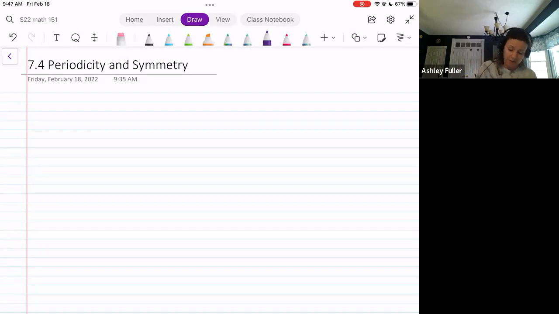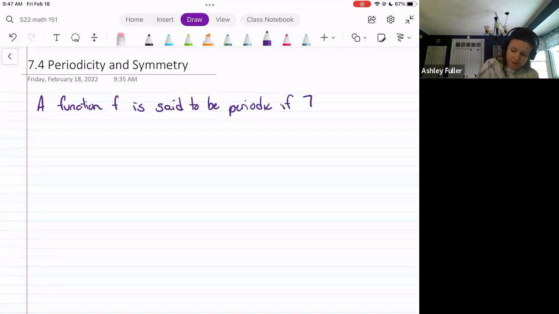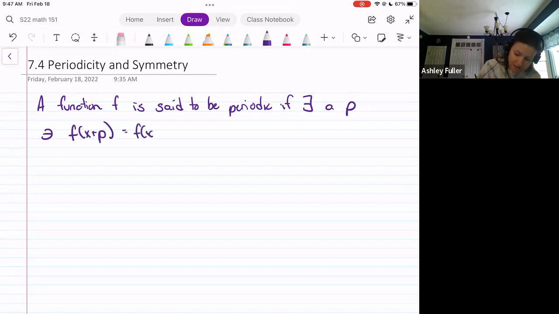But let's define periodicity. A function f is said to be periodic if there exists a p, and that's the symbol for there exists, such that f of x plus this value p is equal to the original function f of x for all x in the domain.